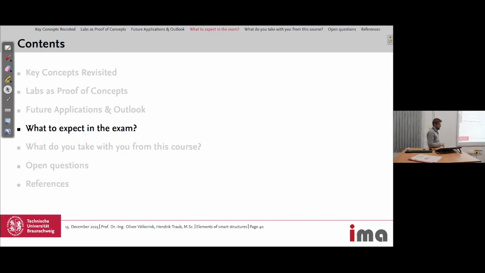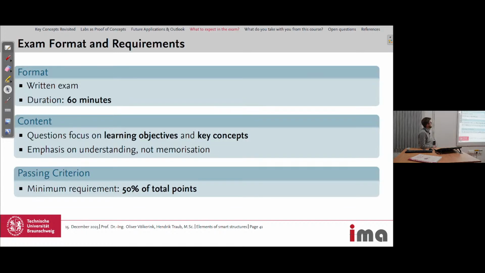These were the future application examples I brought to give you an impression of current research on smart structures. So again, the slide on the exam we had in the beginning. The exam is tomorrow morning at 10:30 a.m. We will have a written exam, 60 minutes.